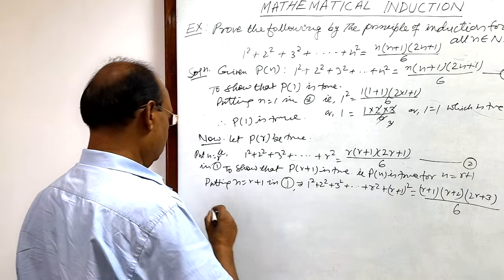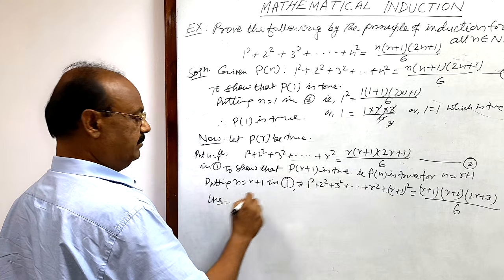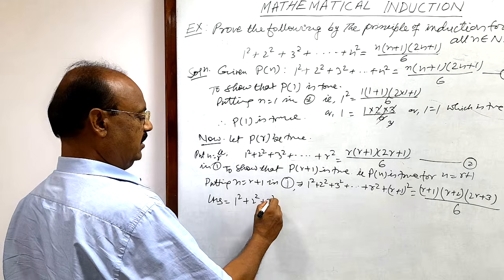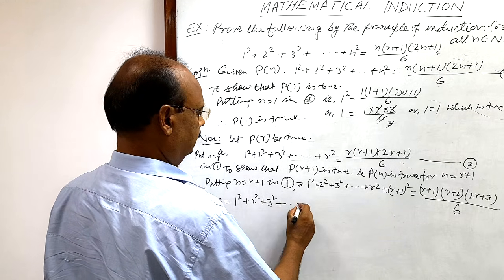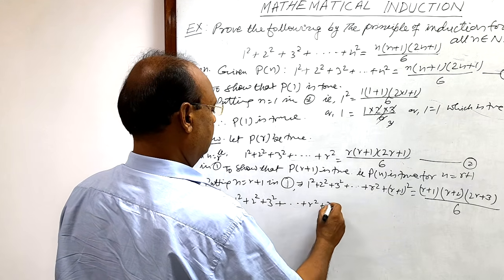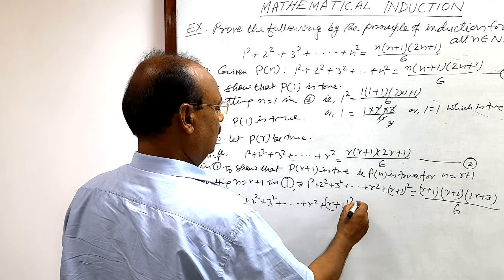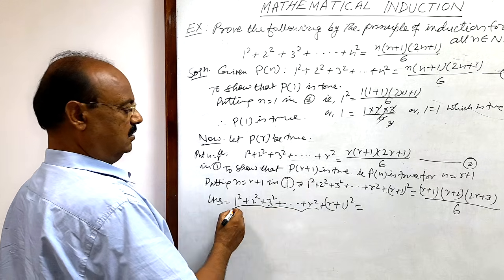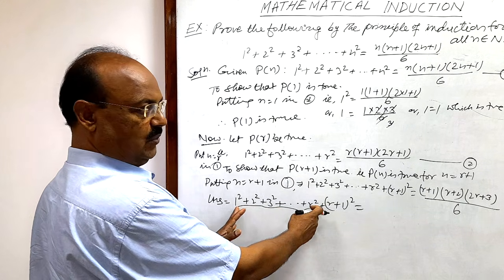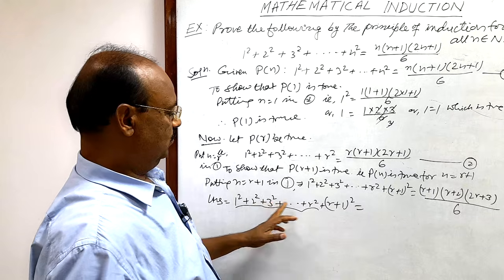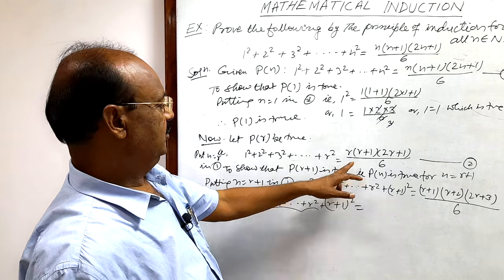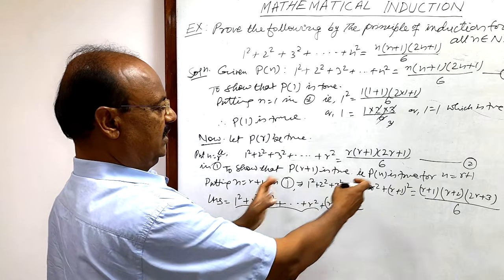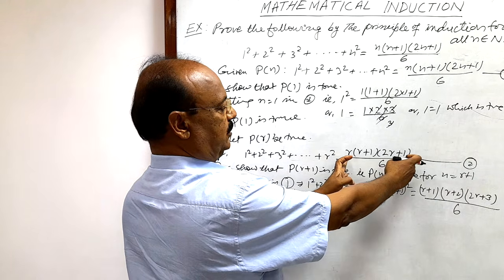Okay. So let us start with left hand side. Left hand side is 1 square plus 2 square plus 3 square up to r square and r plus 1 whole square. Correct. Up to this part, 1 square plus 2 square plus 3 square up to r square, we can use relation number 2 and in place of this much we can write this expression.